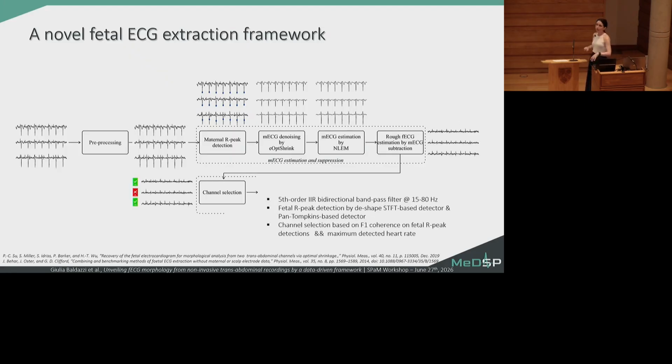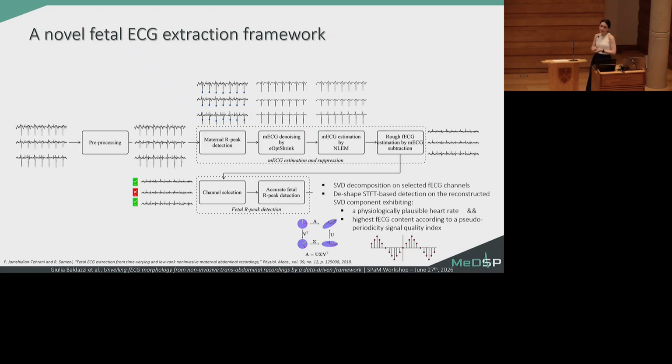So we need a post-processing stage that resembles the first stage, so what we have done for the mother. Initially, we have a channel selection approach that leverages the coherence, based on the F1 score of two state-of-the-art fetal peak detectors.